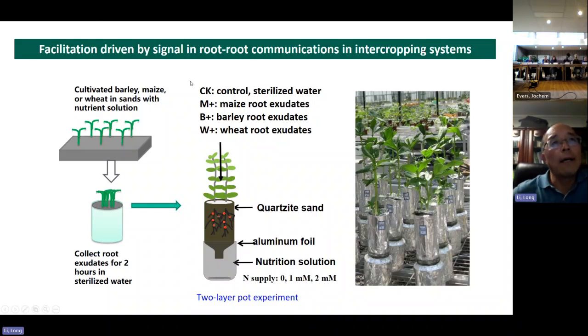Then we added some of these cereal root exudates to a 2-layer pot experiment solution with pots cultivated with faba bean. We put the root exudates into this 2-layer pot experiment like this.